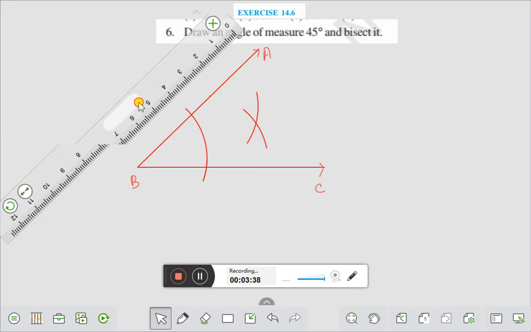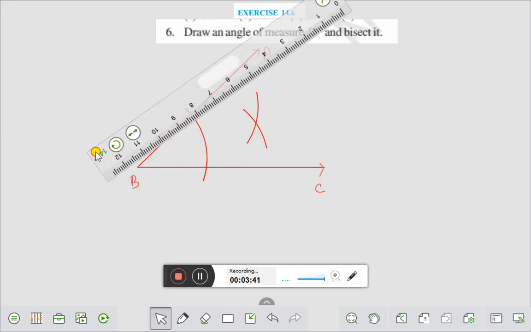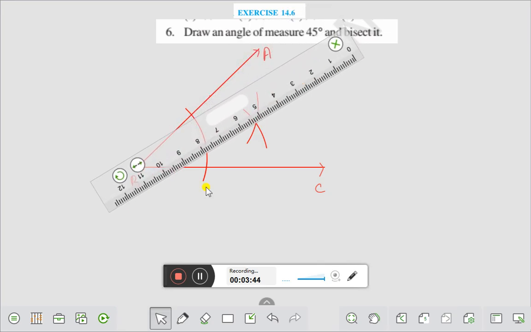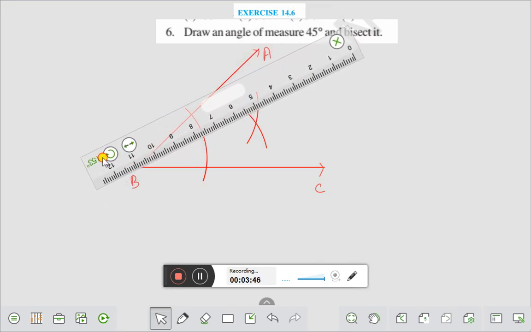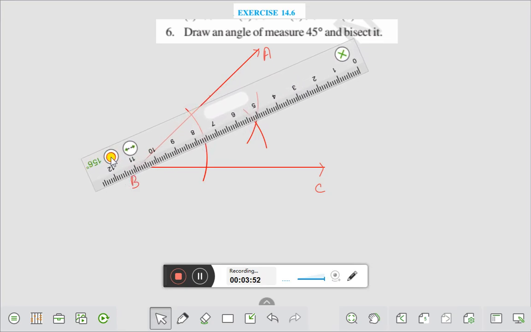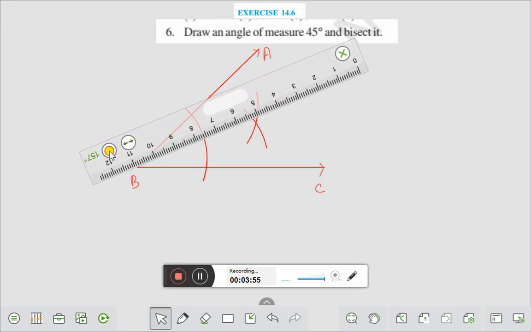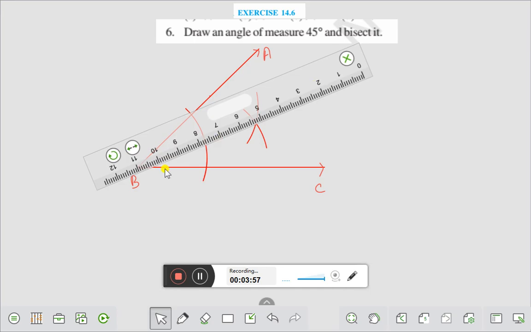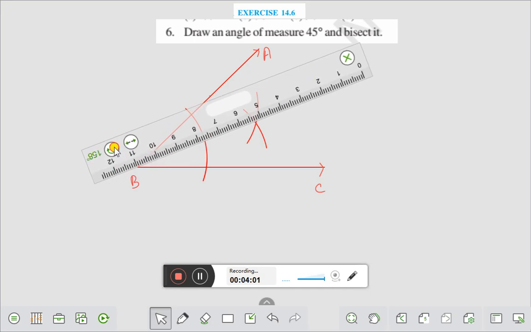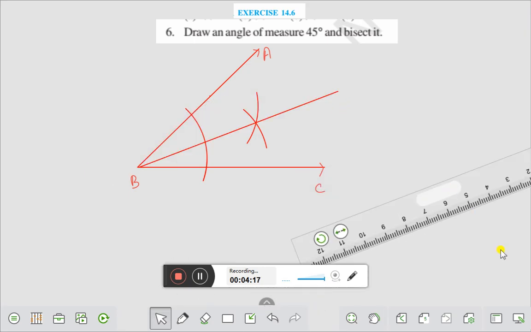Now draw the line here. Draw this line, right? You get the angle bisector and give the name here.